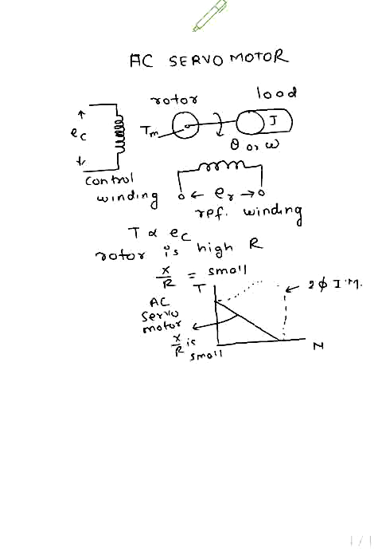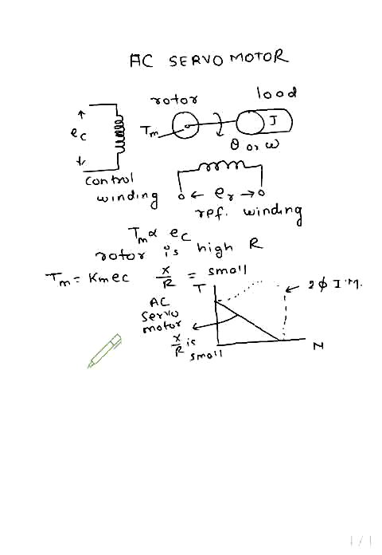So we can see here Tm is proportional to EC, or we can write Tm is equal to Km EC. Km is the motor constant.